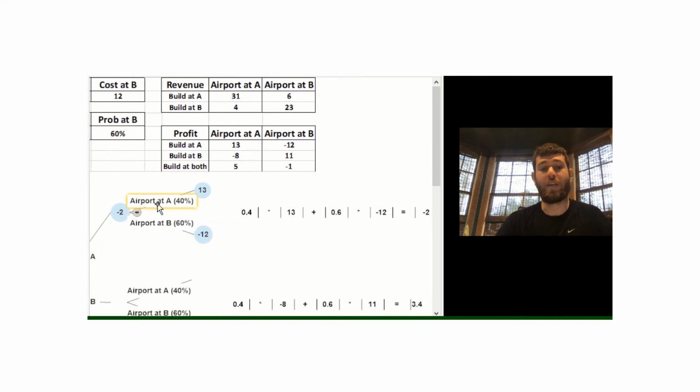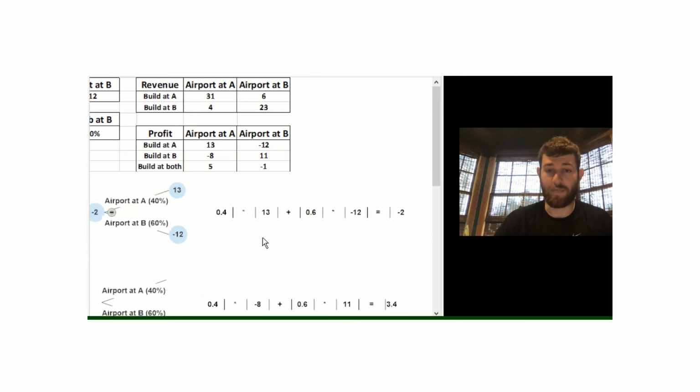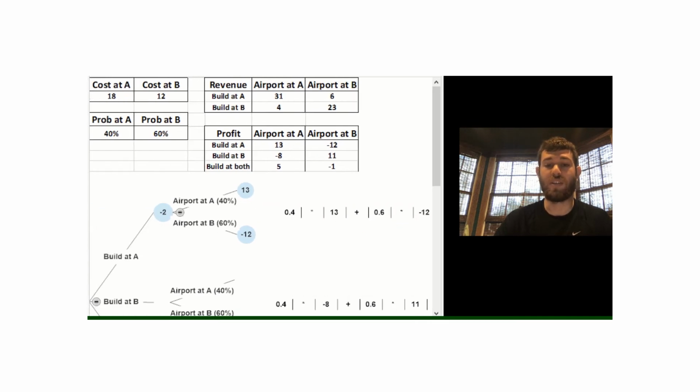Remember, we have airport A 40%, so we take that 40%, or 0.4, we multiply it by the 13 that we will get if that's the outcome. We add it to the alternative, the 60% of B, times the negative $12 million we'll lose. And we get 0.4 times 13 plus 0.6 times negative 12, which is equal to negative 2.